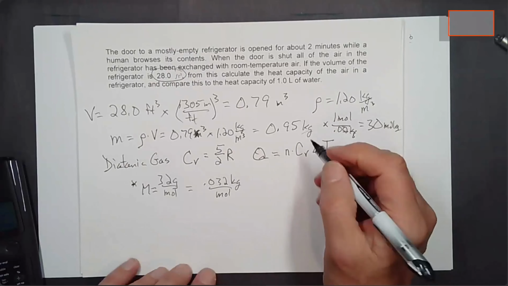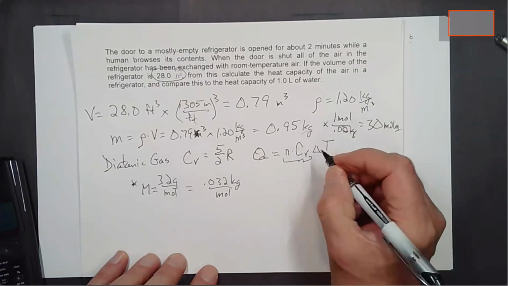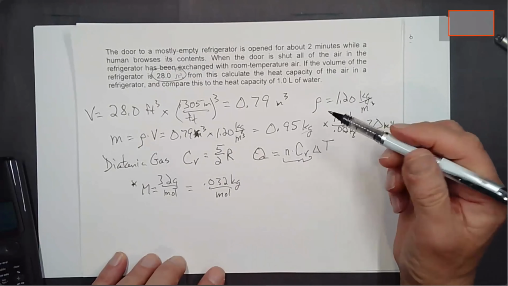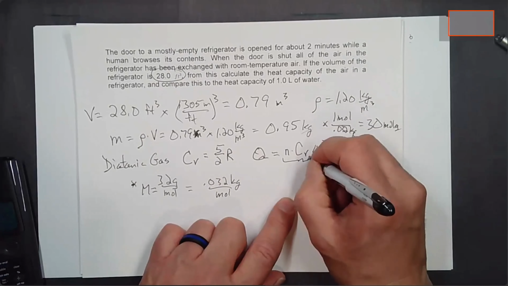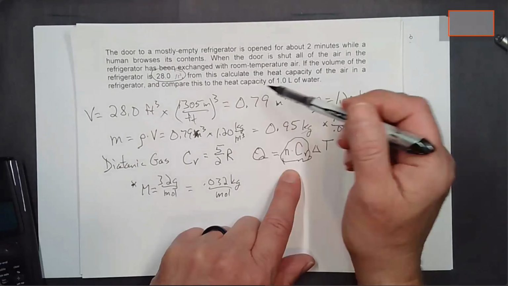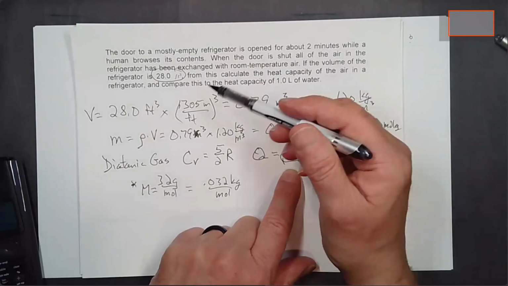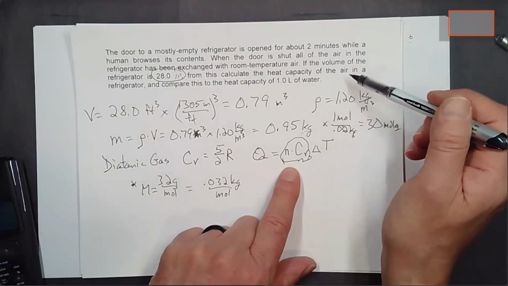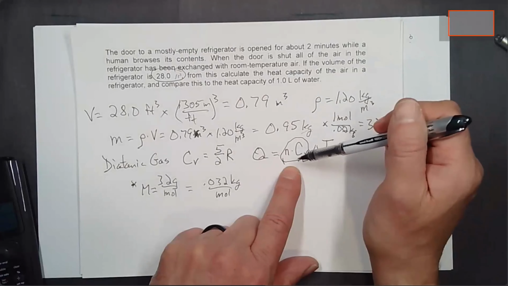So actually, we were just supposed to figure out the total heat capacity, which is this. We don't have to worry about a delta T here. All of the air in the refrigerator has been exchanged if the volume of the refrigerator is that. Calculate the heat capacity of the air in a refrigerator.